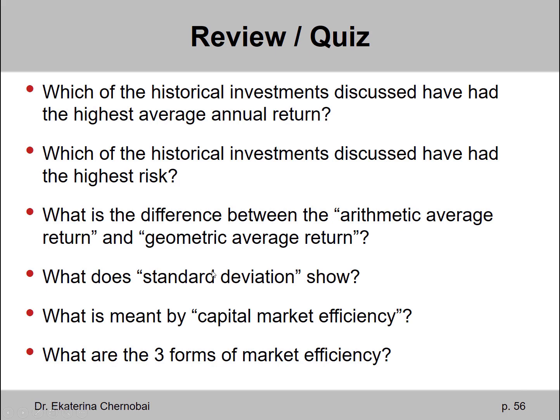What does standard deviation show? The way I always explain this term is it's the average distance from the average. So you first calculate on average what return you are earning, and then you're focusing on the actual returns, which are scattered around that average, and you're calculating on average how far those actual returns are from the average, going through all of them.